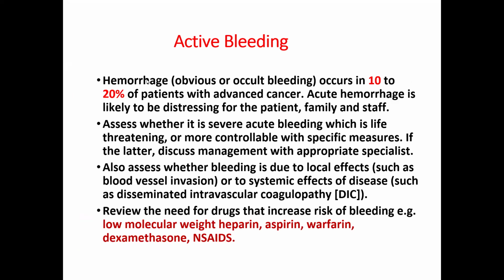Bleeding in the palliative setting happens in 10 to 20% of patients with advanced cancer. So this is a common palliative emergency, like hypercalcemia is very common. Before anything, you need to check the patient's medications, because the patient might be taking a medication that contributes to bleeding.